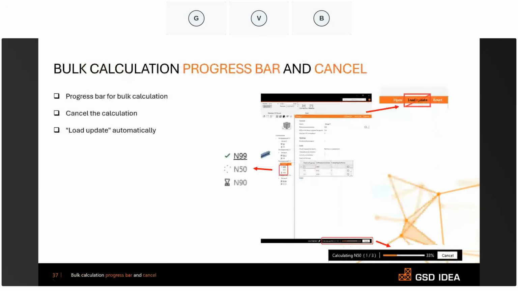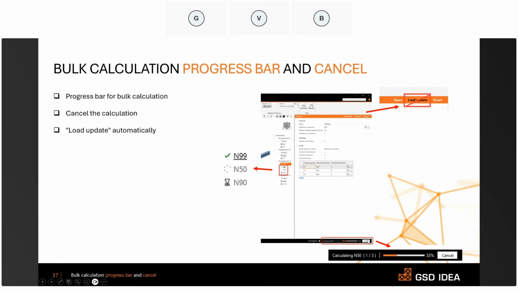And the next one is the addition of the status bar. At the bottom of Checkbot, if we zoom in, we can see the status bar, which will give you a clear indication of what's going on in that respective connection group when we press calculate all. So here we can easily say that the first connection analysis is done out of 3 connections, and 33% of the group is analyzed.